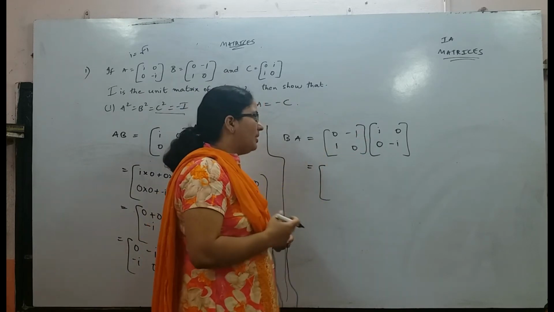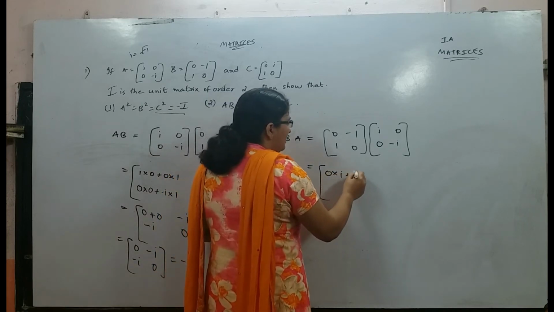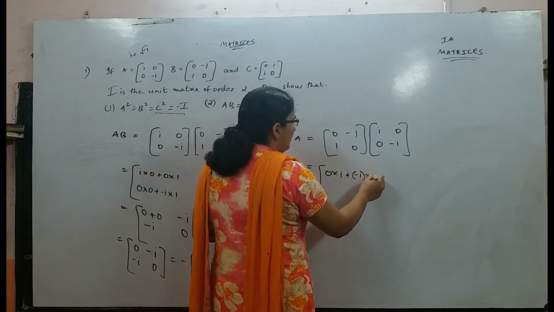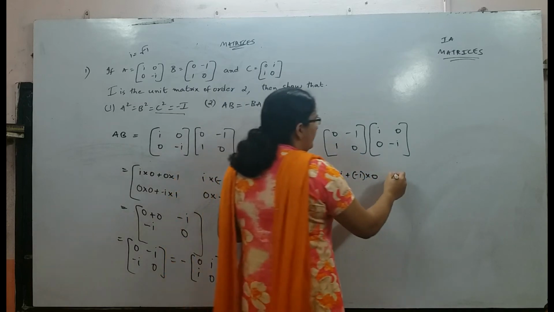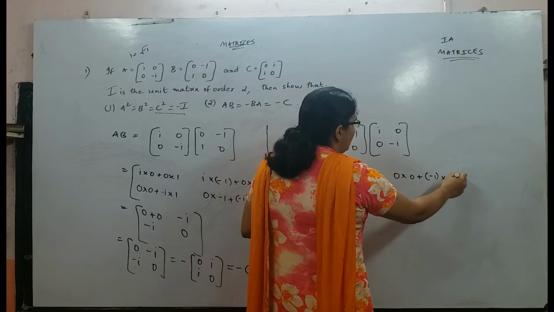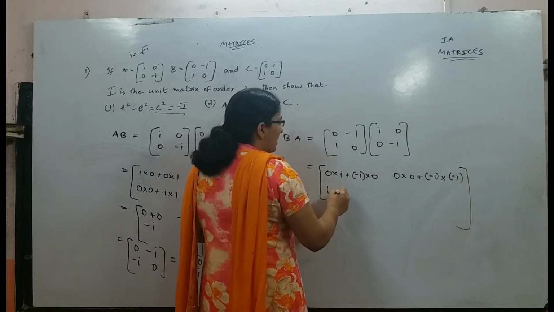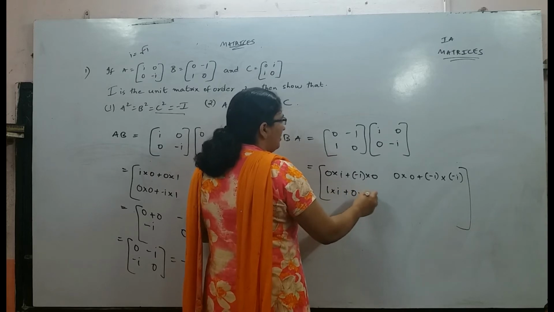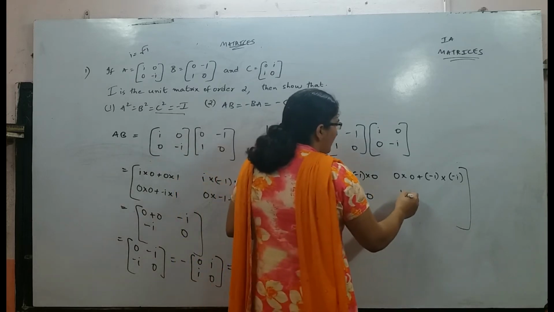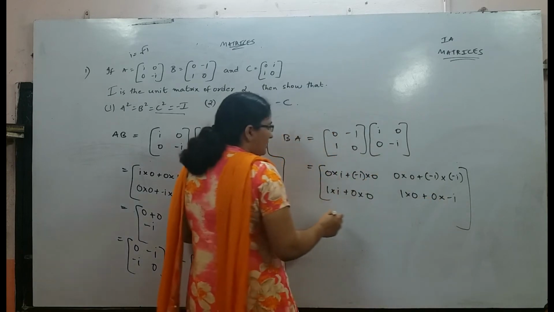This is how you have to multiply. So 0 into i plus minus 1 into 0. Next 0 into 0 plus minus 1 into minus i. 1 into i plus 0 into 0. 1 into 0 plus 0 into minus i. This is what you have.